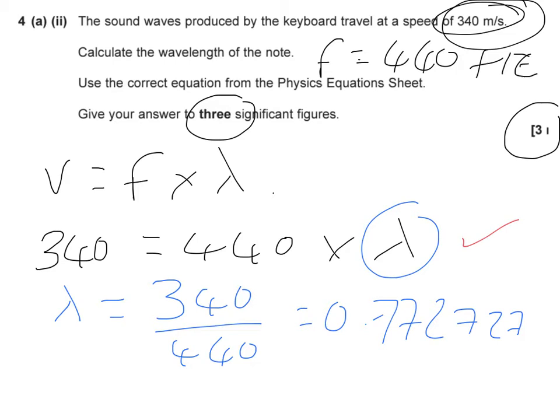Now it asked you in the question to give that to 3 significant figures. So your correct answer should equal 0.7, that's 1 significant figure, 7 is 2 significant figures, so the third significant figure will be 2, but you notice I've got 7 next to it, so I have to round up to 3. And that should be written in meters. And that part there will get you all 3 marks.